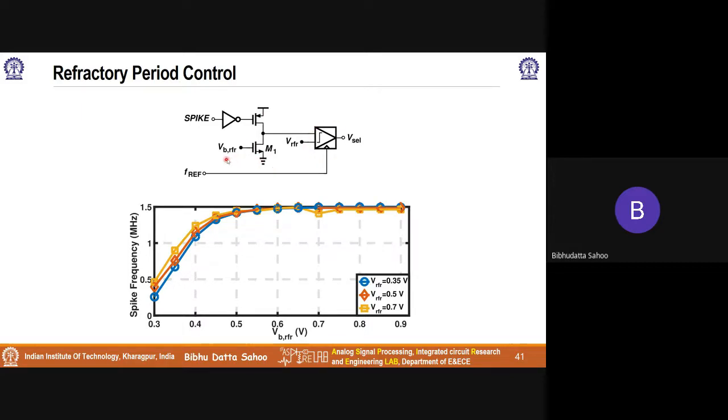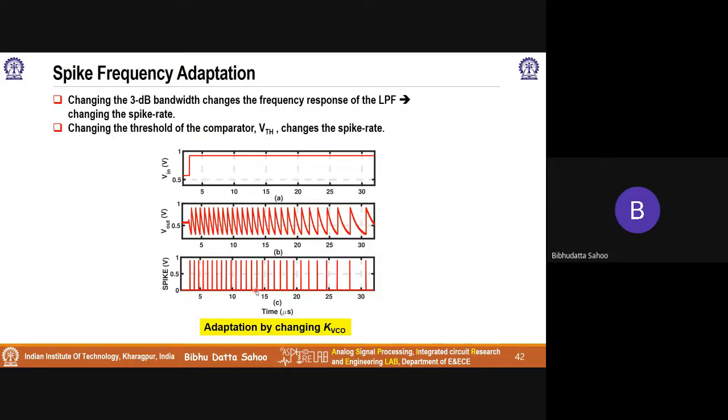Now, if I adjust this bias voltage, this node is going to discharge based on this current. If it discharges slowly, the spike frequency will be smaller. If I increase this voltage higher and higher, my spike frequency is going to go higher and higher. So this is how we adjust the spike frequency.